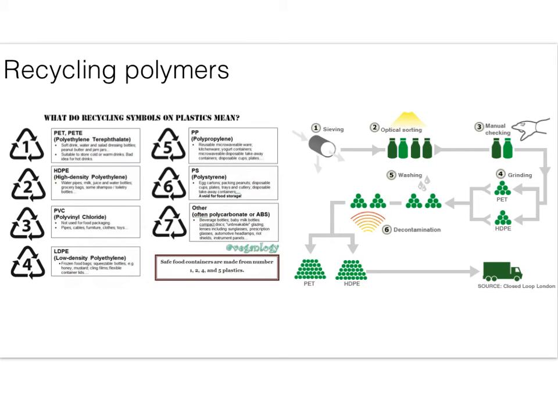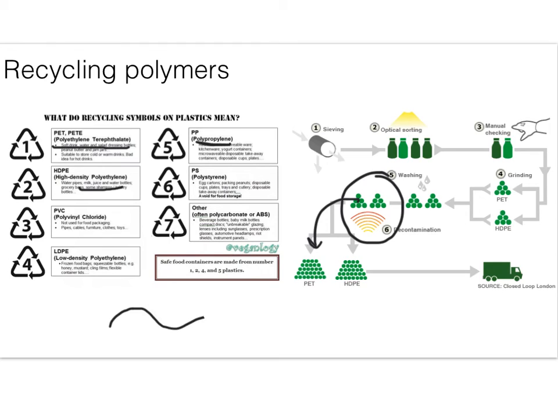Now, one of the most important recent developments with polymers is that we are now making a lot of efforts towards recycling polymers, and depending upon the polymer, they have to use a different kind of recycling technique. But most of the polymers, such as polyethylene terephthalate, high density polyethylene, those are shopping bags, and polypropylene, are often simply, after they're sorted and washed and decontaminated, separated, and then melted back down.